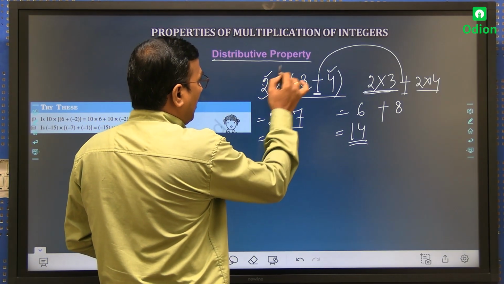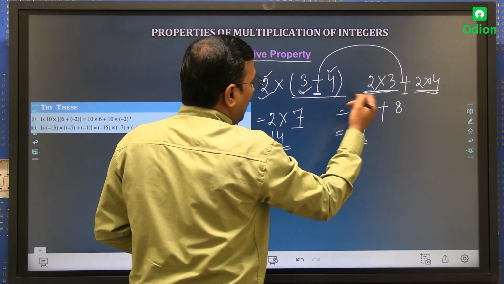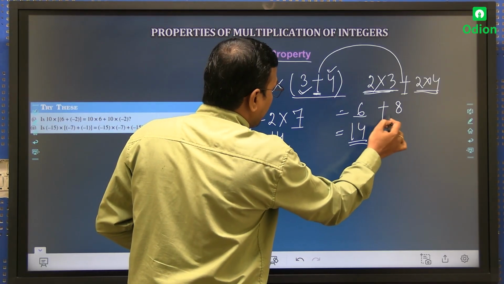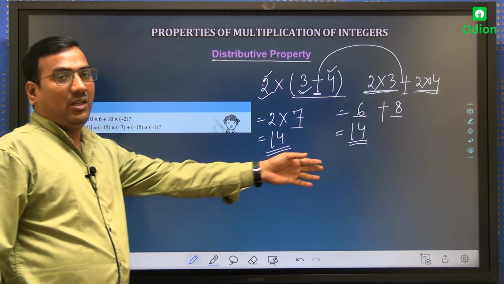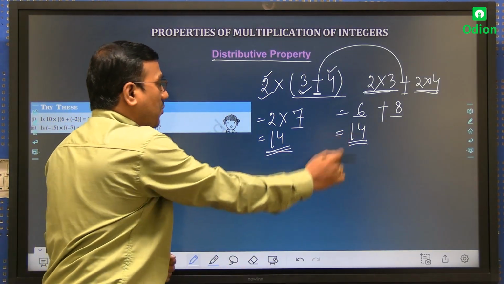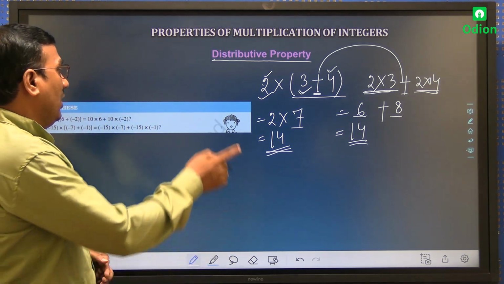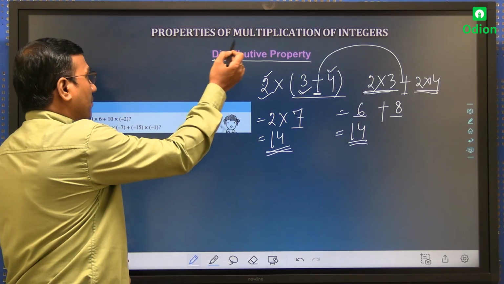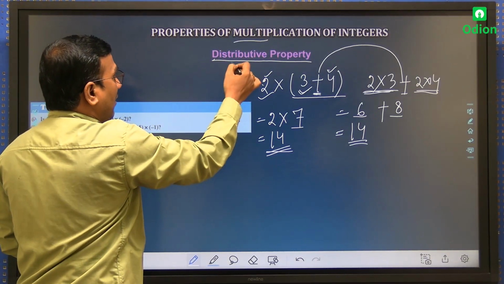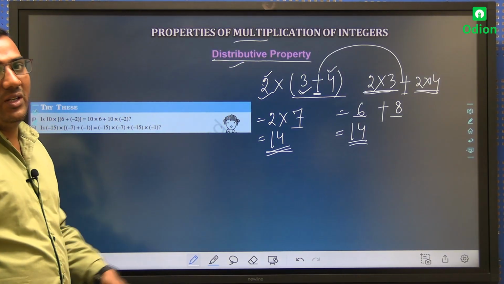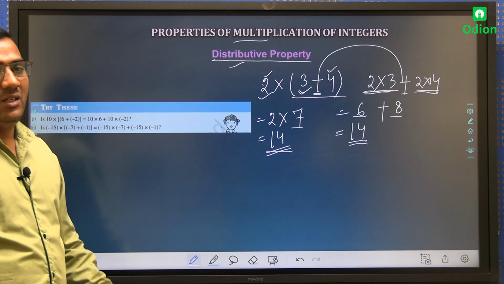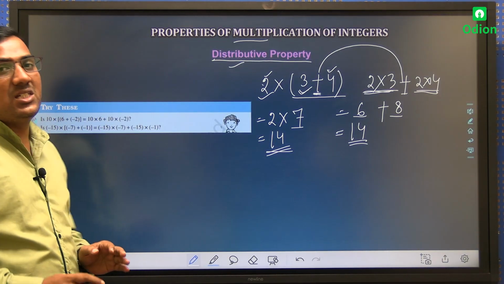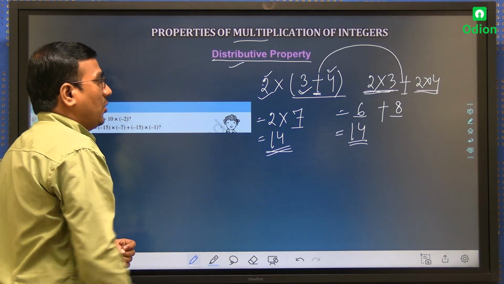Then I have to multiply 2 with 4. Then what result it comes? 6 plus 8, 14. This tells that multiplication refers to distributive property. The name of this property is distributive property.